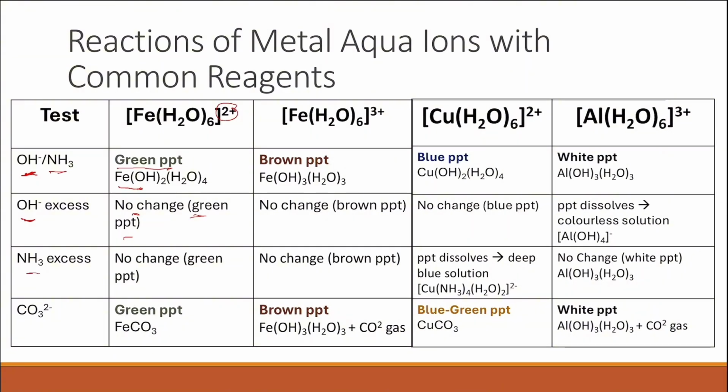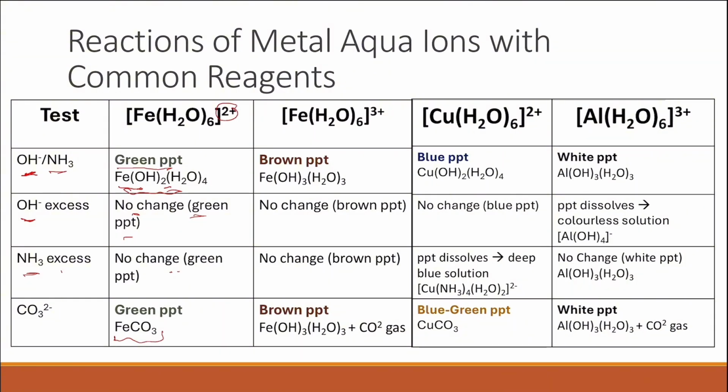If you have excess of the ammonia, after you add it dropwise and get a green precipitate with the iron 2 plus, there will be no visible change as well because the green precipitate will stay, which is the hydroxide. So the ammonia here with the iron will only act as a base. With the carbonate, there will also be a green precipitate, but the green precipitate now is due to the formation of the iron carbonate, not the iron hydroxide.